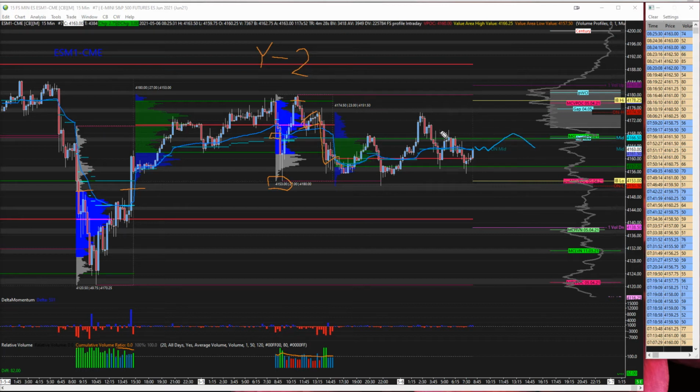Test the LVN at 68, and the swing high, the LVN 68. Prior week low, MCLVN. And we continue lower down to the same stop zone at 51, where we found support yesterday, and that's the overnight low.